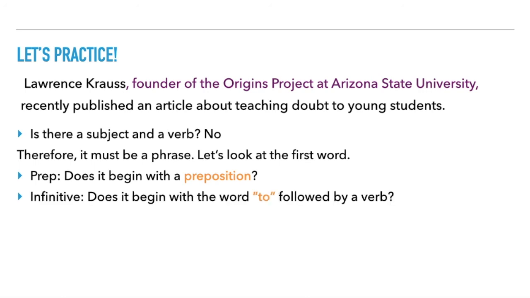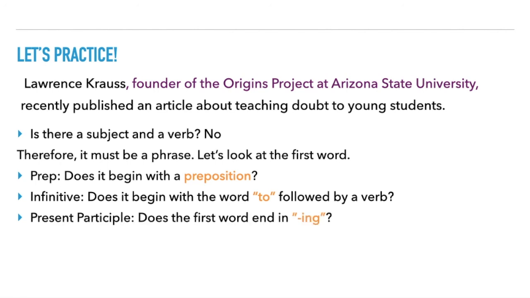Infinitive. Does it begin with the word to, followed by a verb? Founder doesn't appear to be the word to, so that one's pretty easy. So it's not an infinitive. Present participle phrase. Does the first word end in ing? Again, I don't see an ing there, so I can determine that it's not a present participle phrase. Past participle phrase. Does it end in ed?